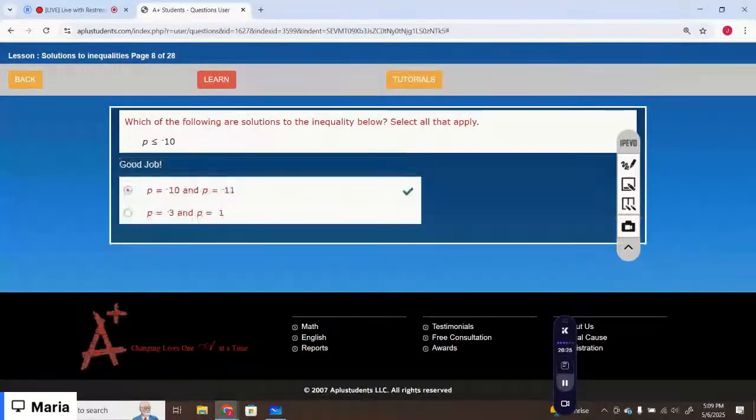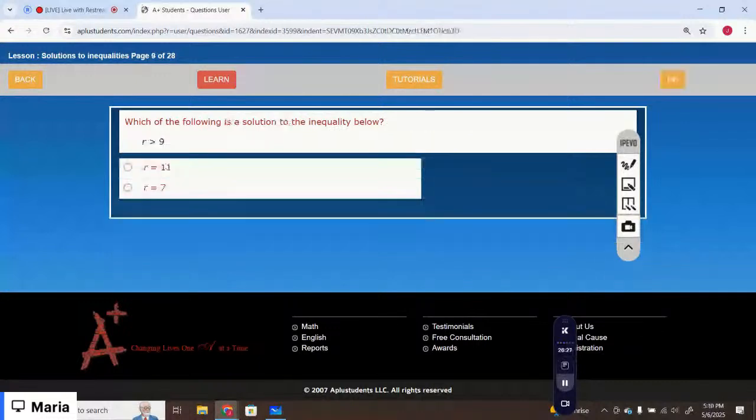Option number 1 is the correct option. Which of the following is the solution to the inequality below?